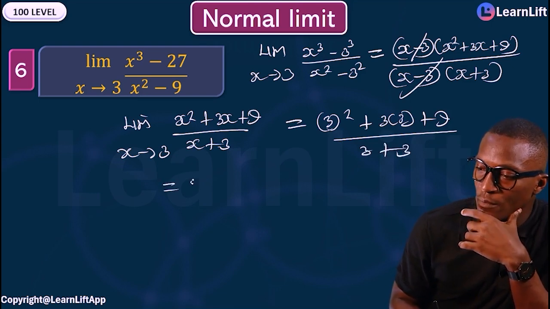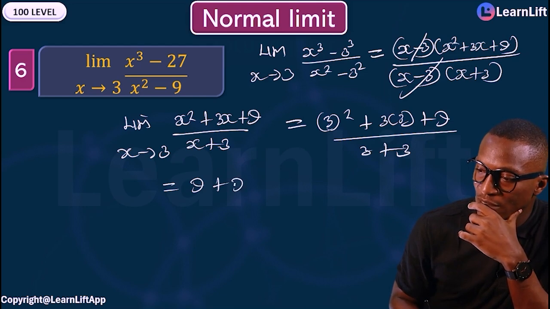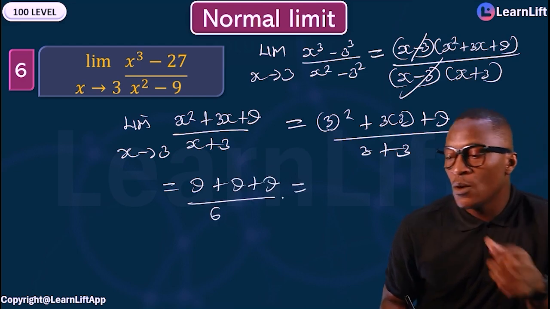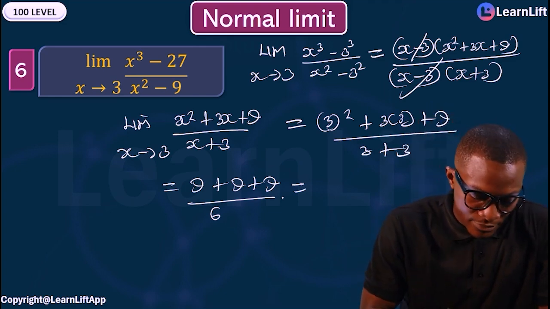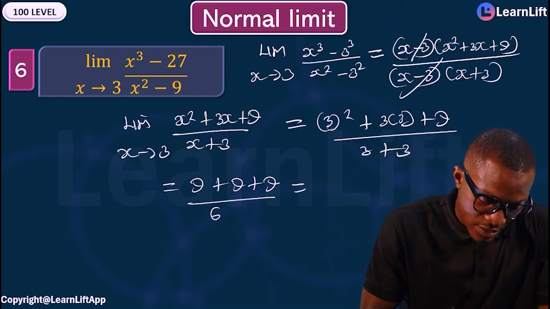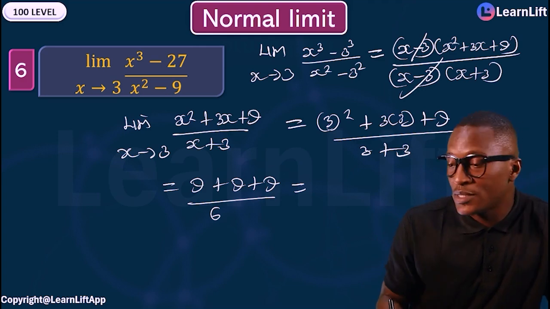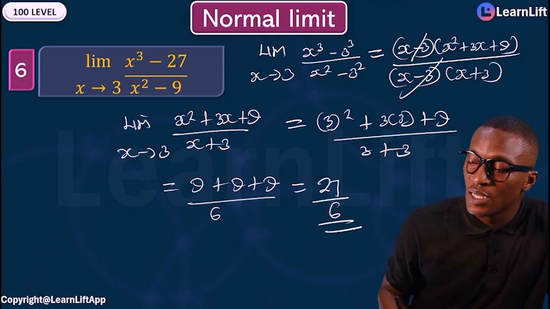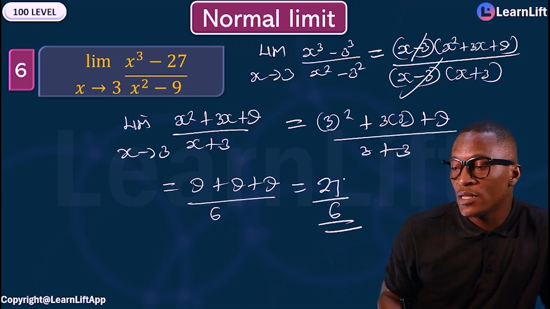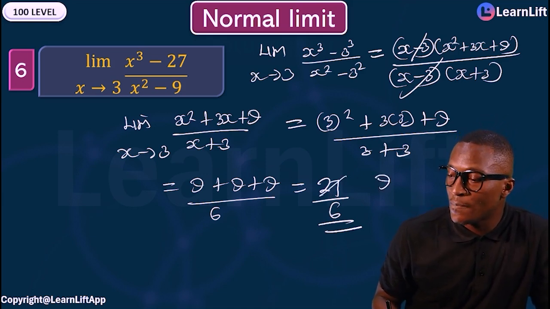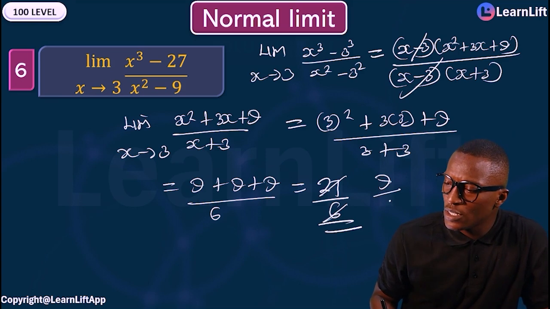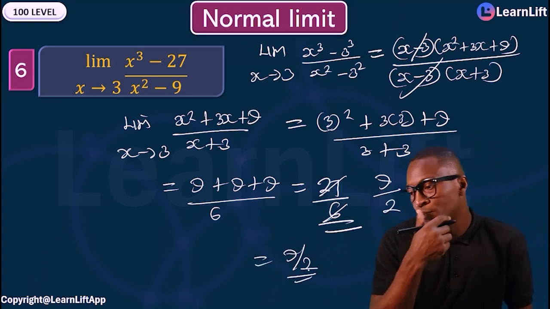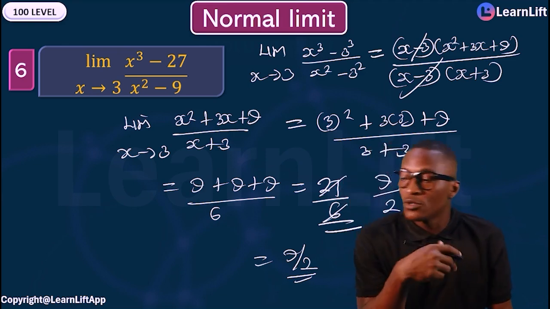So that becomes 9 plus 9 plus 9 all over 6. 9 plus 9 plus 9 is 27, so that becomes 27 over 6. Can anything reduce? 9 can go here, 3 times 9 is 27, and 3 into 6 is 2. So that's the same thing as 9 over 2. So that becomes the answer.